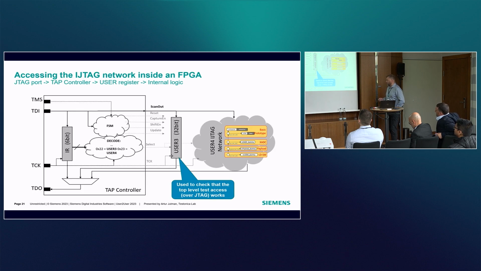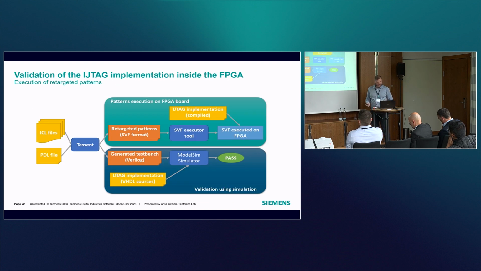All right. The implementation of this demonstrator has to involve the JTAG part and the FPGA logic, where basically all the instrumentation networks reside. Then the validation would consist of two parts: validating on the actual FPGA execution, running the SVF-based execution on FPGA, and also validating using simulation.